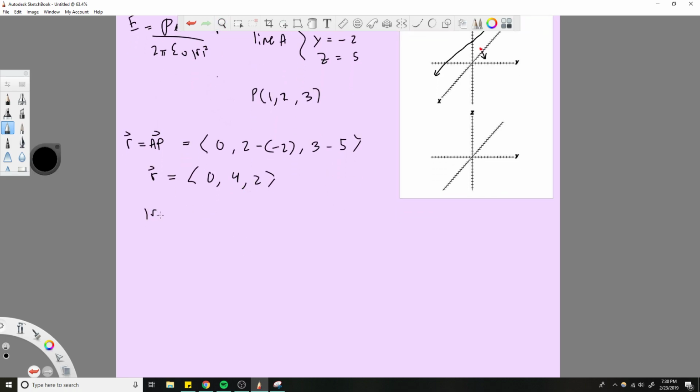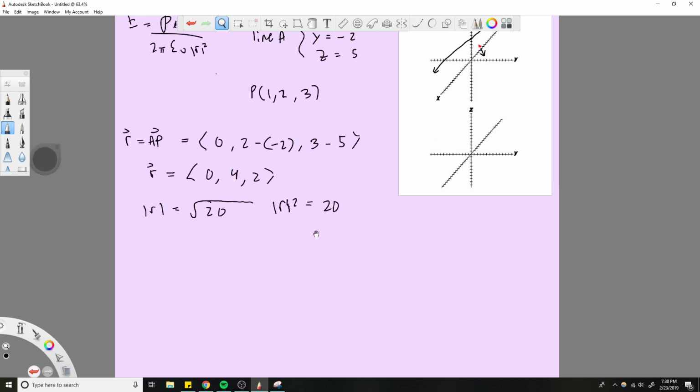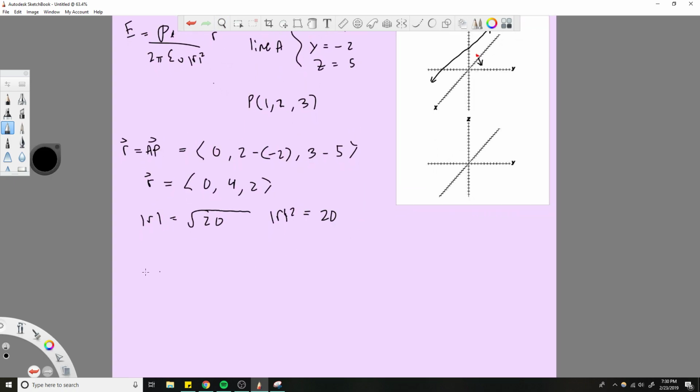The magnitude would be 4 squared, 16, plus 2 squared, 4, is 20. So that'd be root 20, and this squared would be 20. Then we plug into this equation; we have everything we need now.